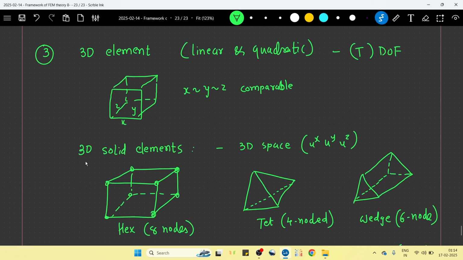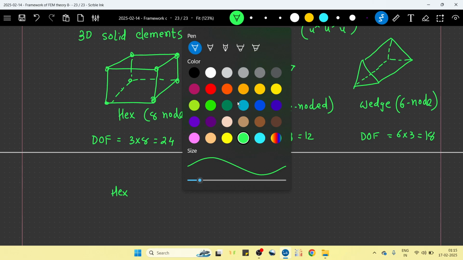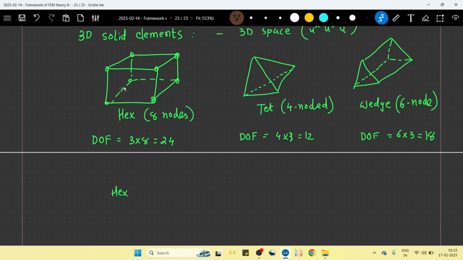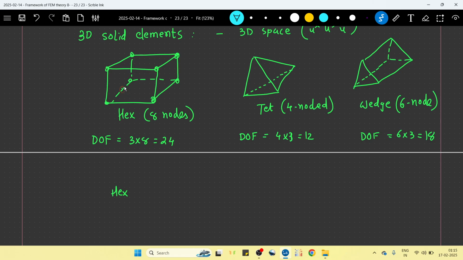Similarly, they can be quadratic solid elements. For example, I will just show you only one example. If I take hex, each edge has an additional mid-side node. So hex quadratic element is 20 nodes.